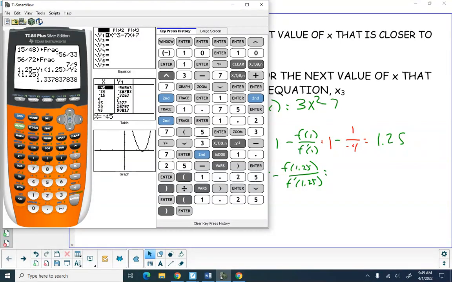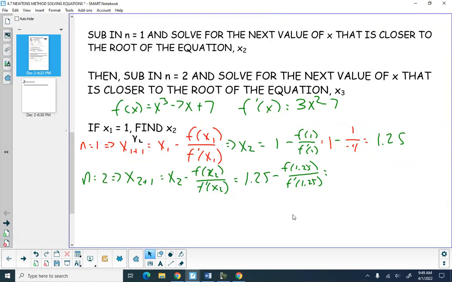Now, we want to then evaluate at this value. Go through the exact same process. So you have now n is equal to 3.